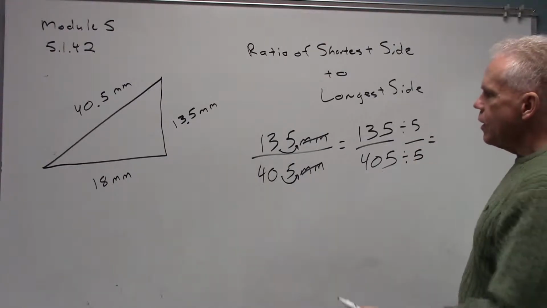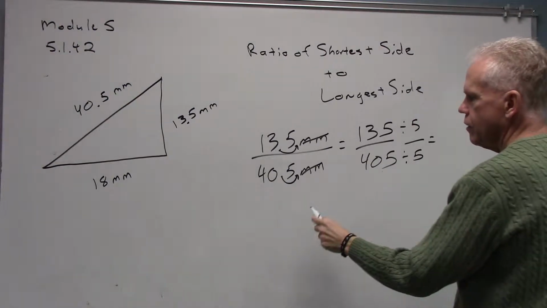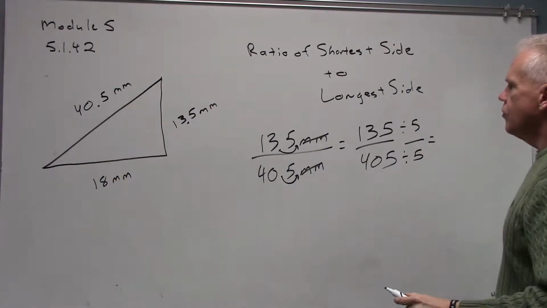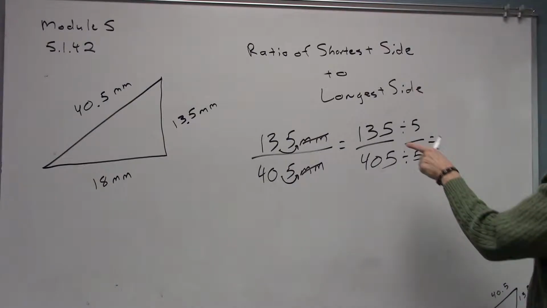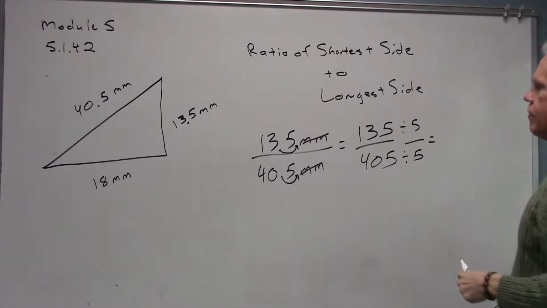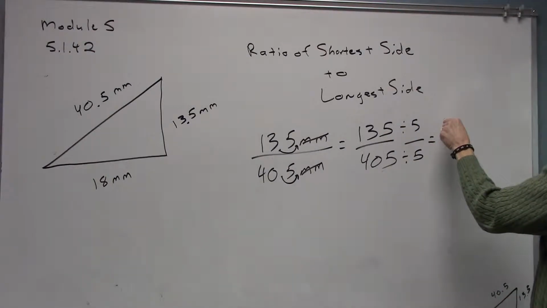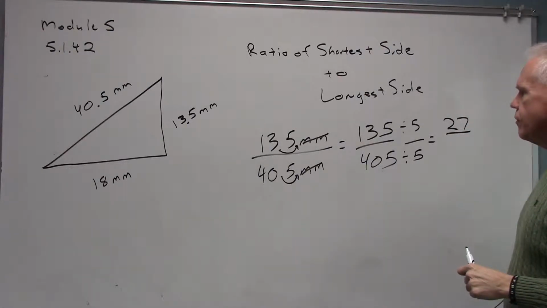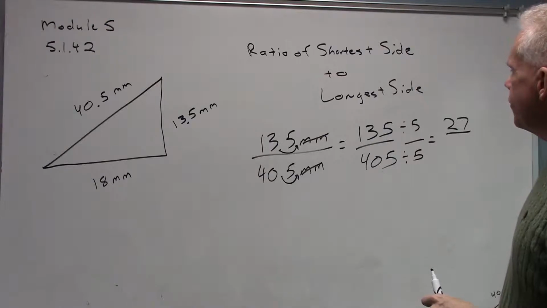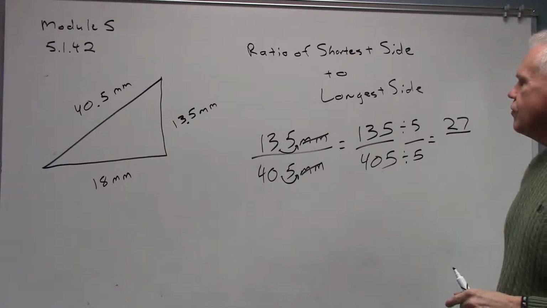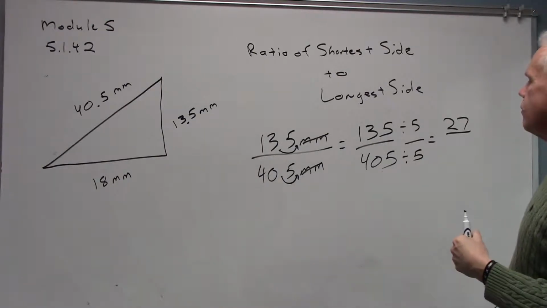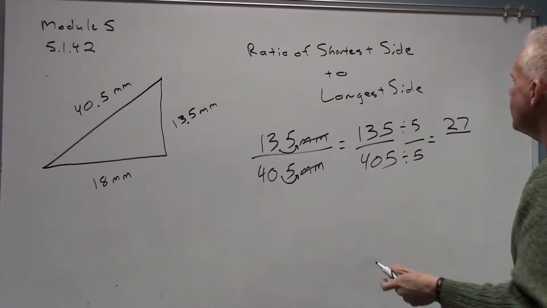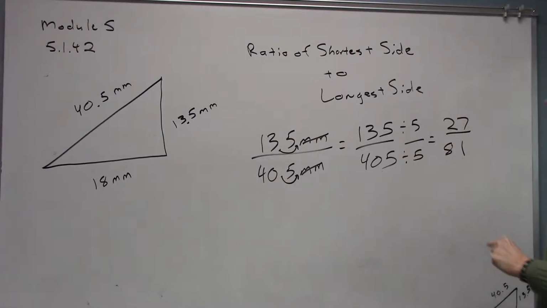So I need to go either to my calculator or longhand and do some quick division. I know that 135 divided by 5 is 27. And 405 divided by 5, that's going to be 20, 40, 60, 81.